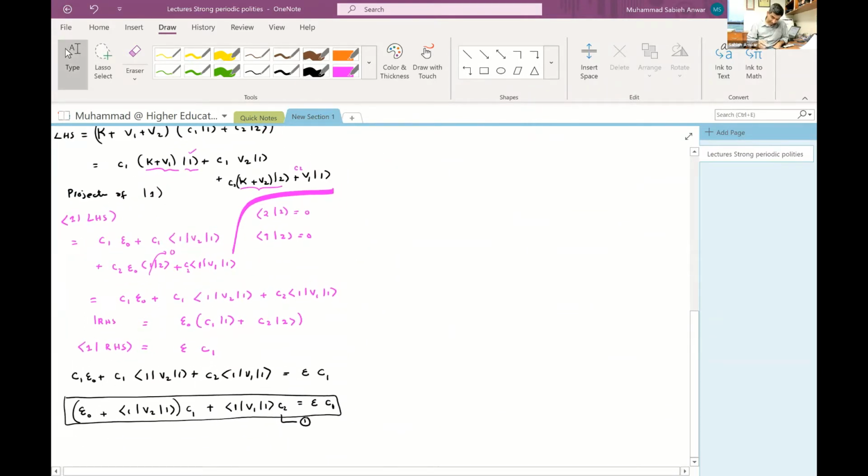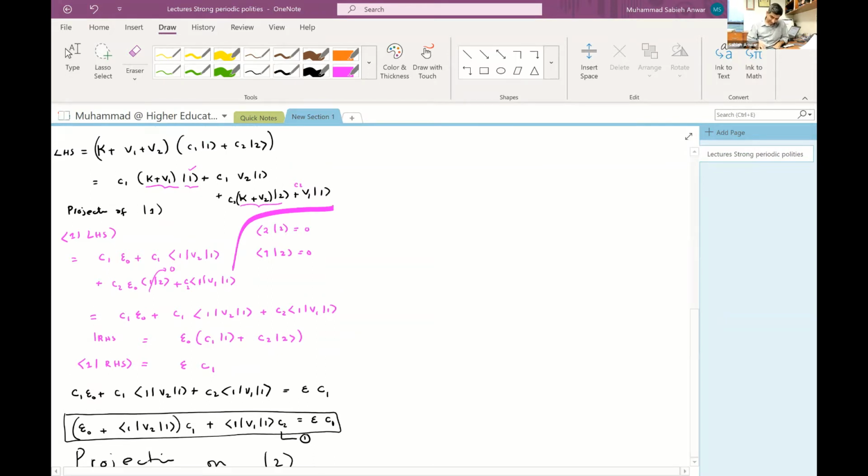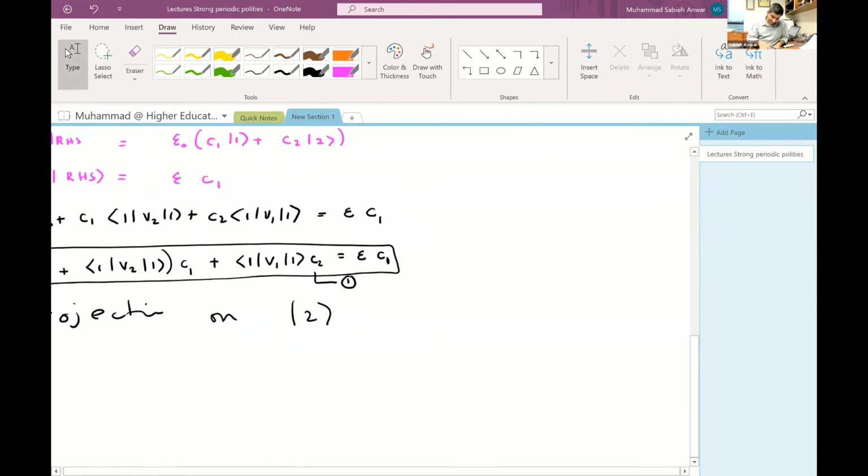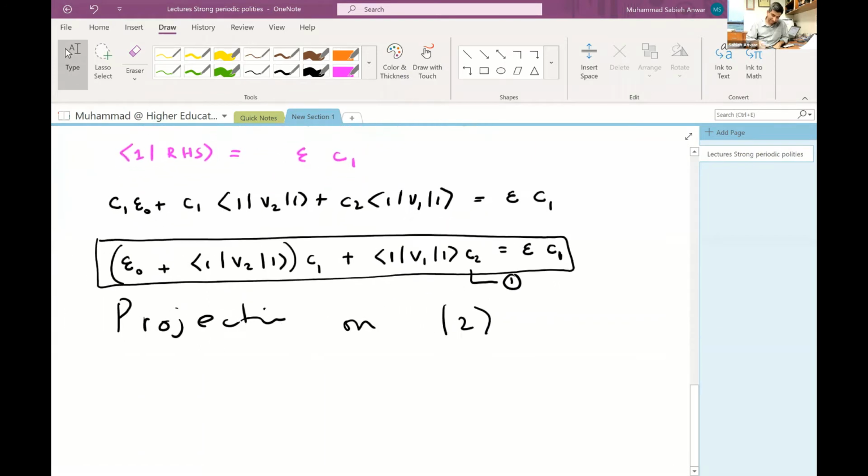So if I find a projection on ket2, I can perform this calculation, and let me try to write down the result here.